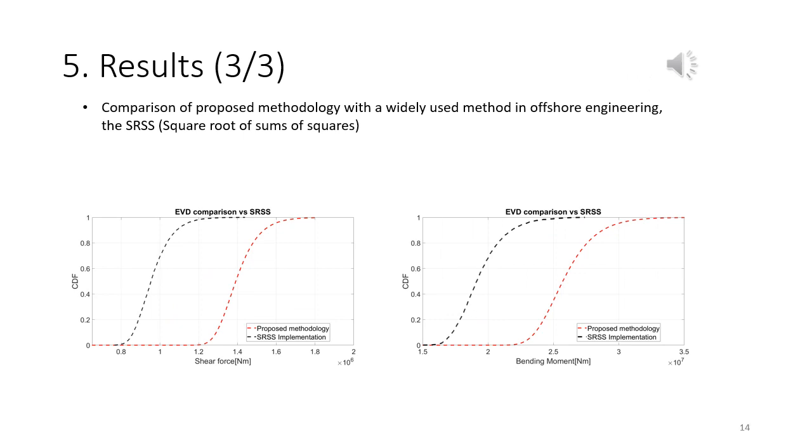Having compared our results with two Monte Carlo approaches and seeing they are in general good agreement, we have compared our methodology with a widely used method in offshore engineering. We have chosen the SRSS method as a comparison.